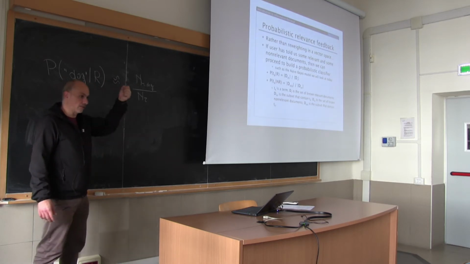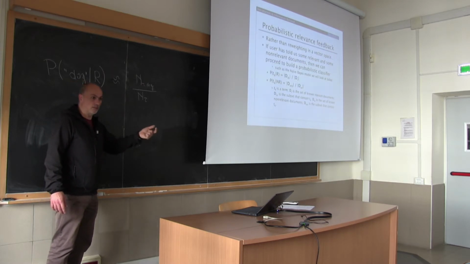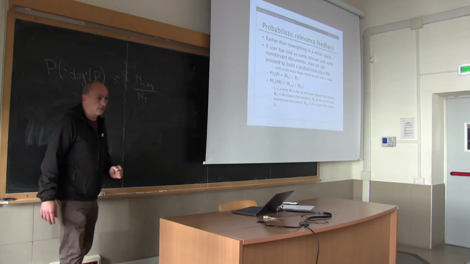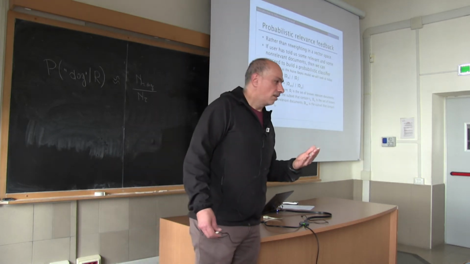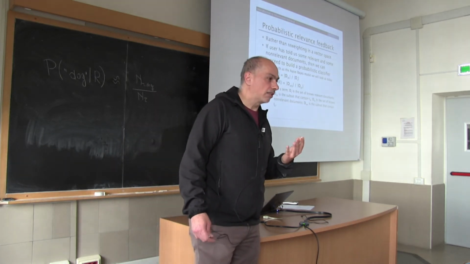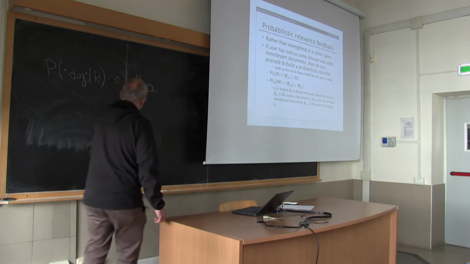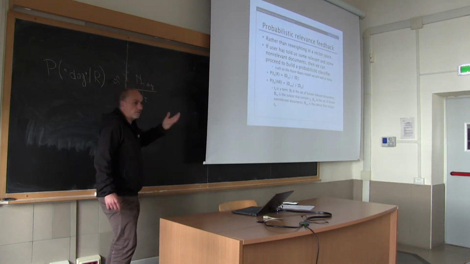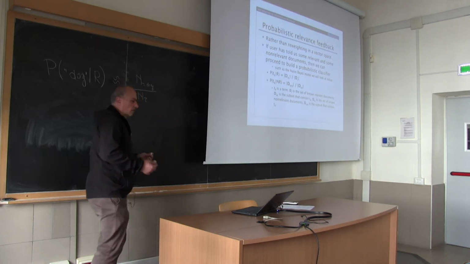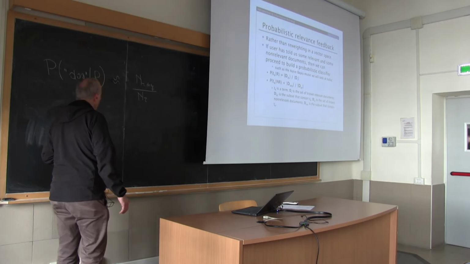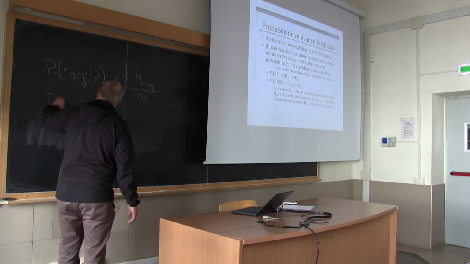So the higher this function, the more likely the document is to be relevant for me, right? So basically a document is probably relevant if it contains many words for which this ratio is relatively high compared to the rest. That's the basic idea.